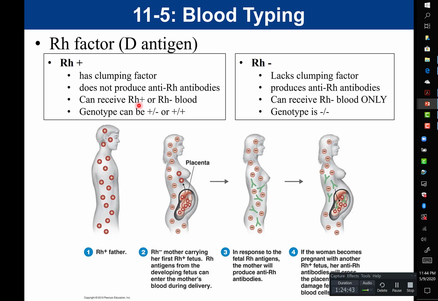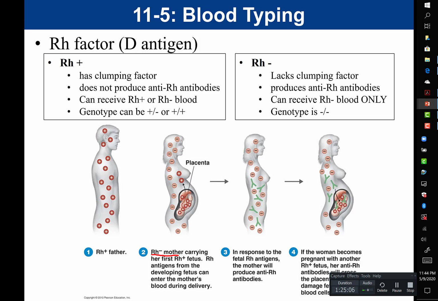So let's talk about why the Rh factor is important. In addition to blood transfusions, a big problem with the Rh factor can be what's called Rh incompatibility. What happens in Rh incompatibility happens when mother is Rh negative.